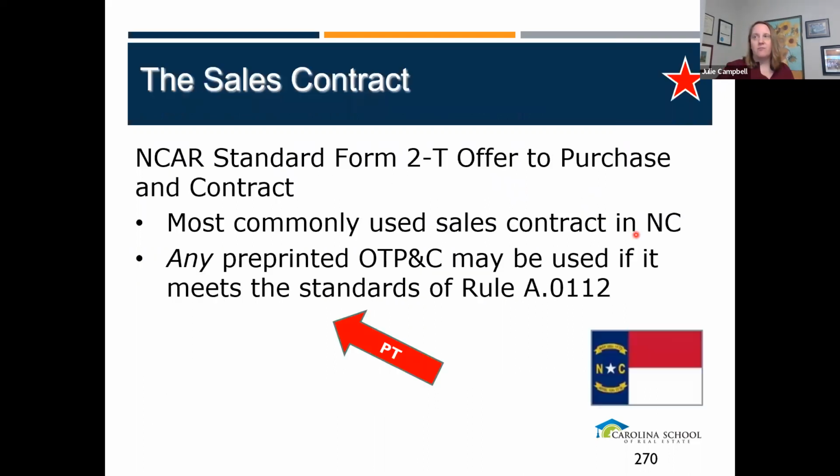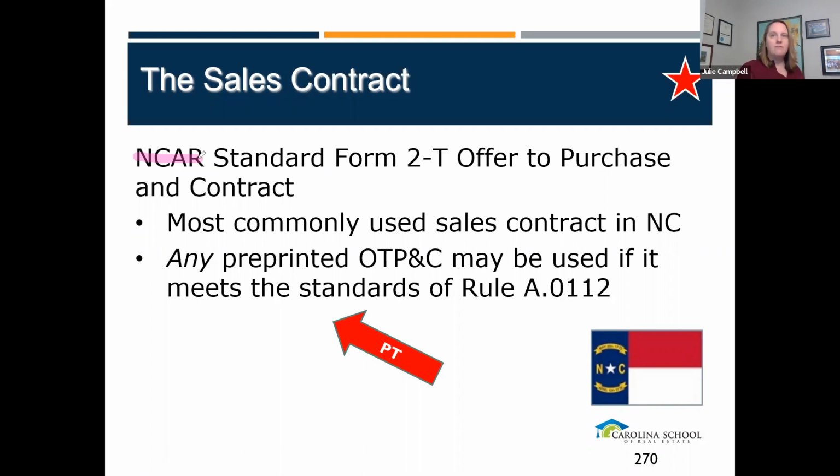So let's meet our standard offer to purchase and contract form 2T. You don't need to know form 2T. You do need to know standard offer to purchase and contract. The North Carolina Association of Realtors, also known as NCAR, is the state level of the National Association of Realtors.